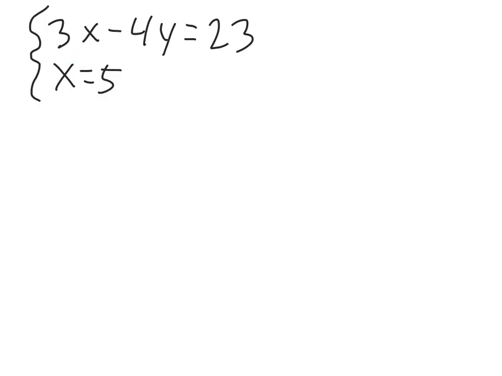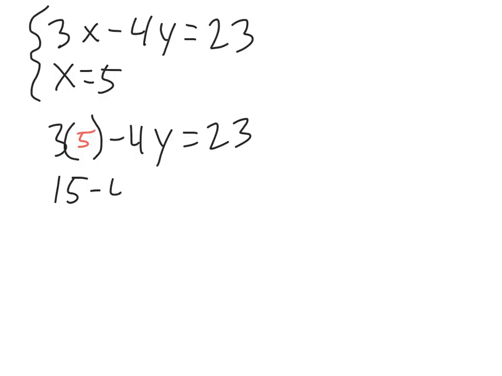So let's rewrite this then. So we have 3 times 5 minus 4y equals 23. And then we need to solve for y. So 3 times 5 is 15, minus 4y equals 23.